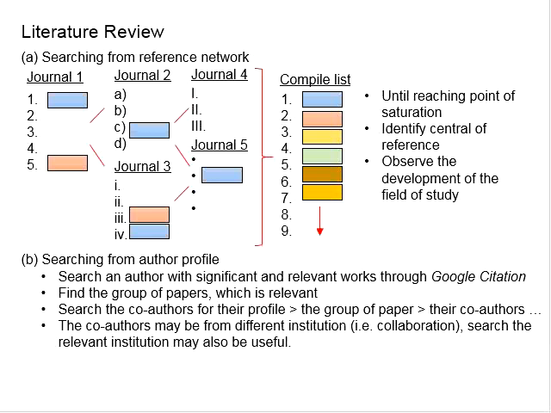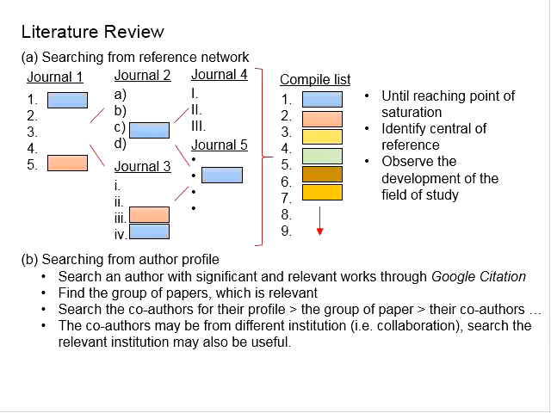And you might want to look into their co-authors also, as their co-authors are also participating in the relevant research. And then you search through their profiles and find the relevant group of papers. And then you find new co-authors, and that searching process proceeds.